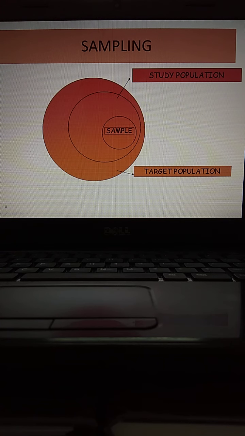So you are studying a district from Telangana state. Here the Telangana state becomes the population under study. And you are understanding some parameters of the people who are living in, let us suppose, Hyderabad district itself.